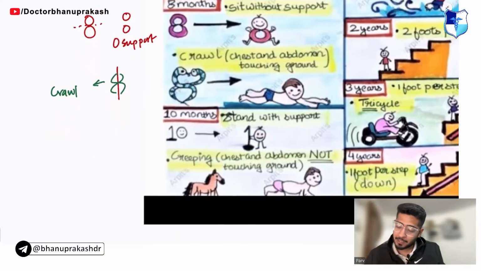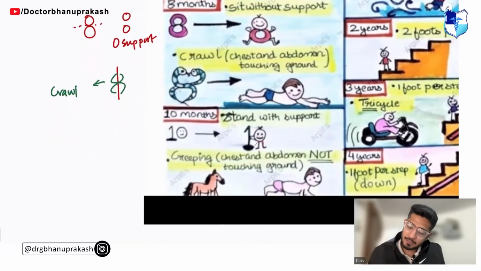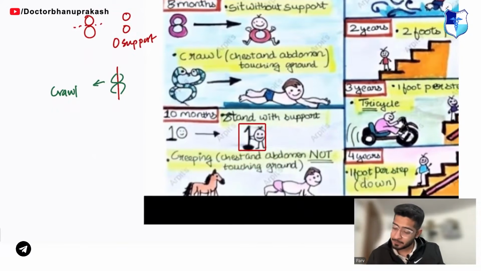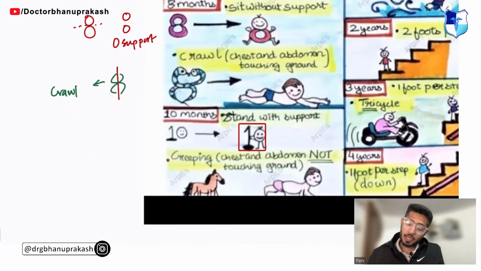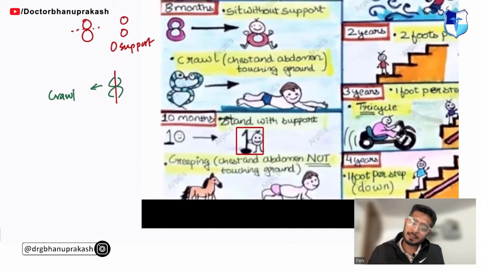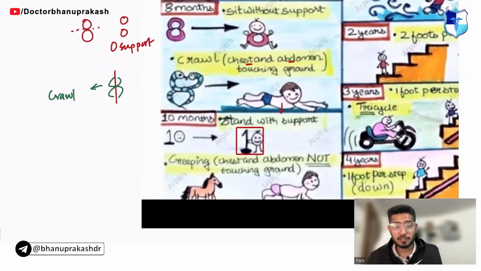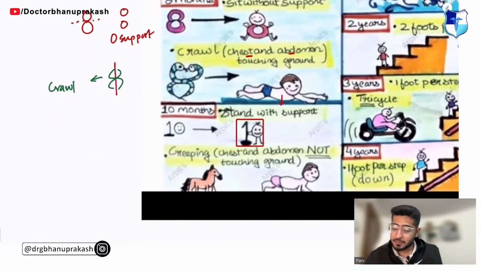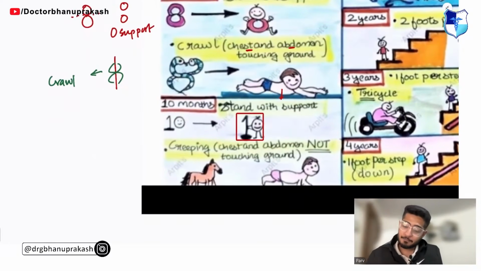And then you have 10. So 10 is just like this. See, the baby is standing with support. This is stand with support. Crawling means that the chest and the abdomen touch the ground. Whereas in this baby at 10 months, the baby is going to creep, not touching the ground.